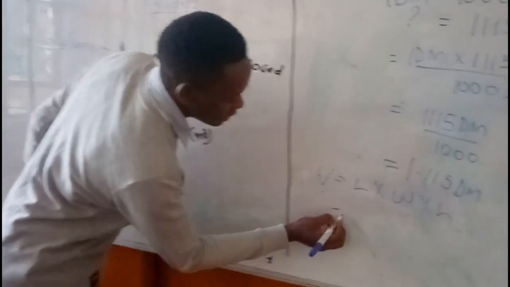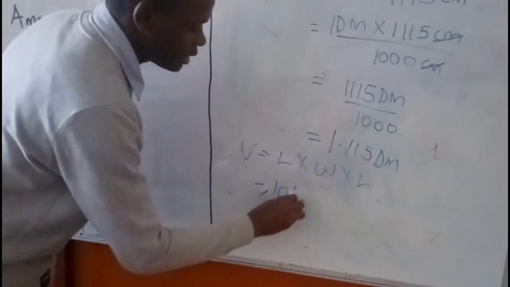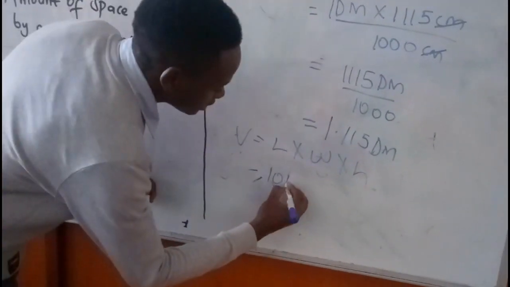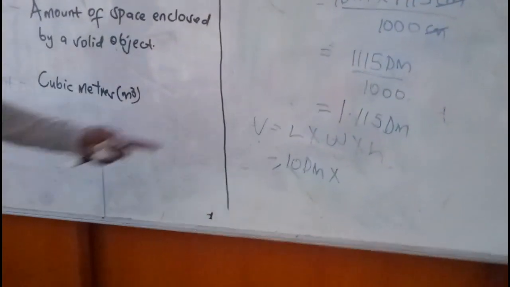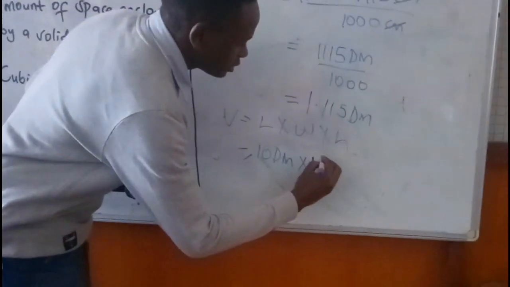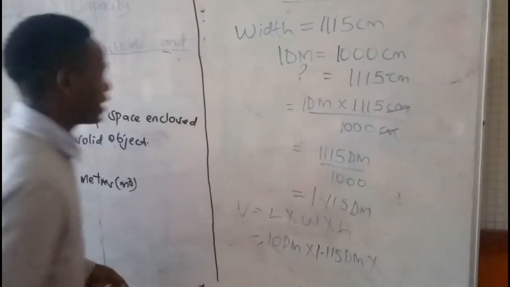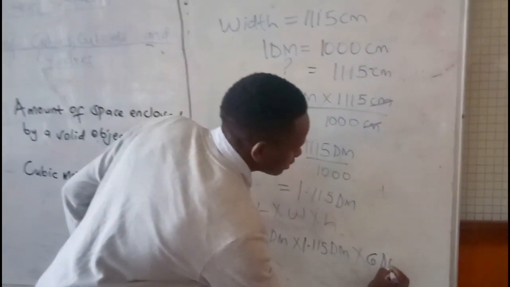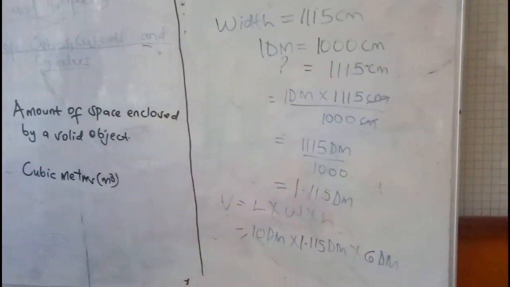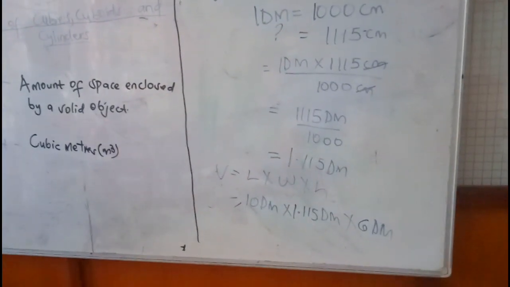Replacing the variables, our length is 10 decameters, our width is 1.115 decameters, and our height is 6 decameters. What do we get? 10 multiplied by 1.115 multiplied by 6 decameters.